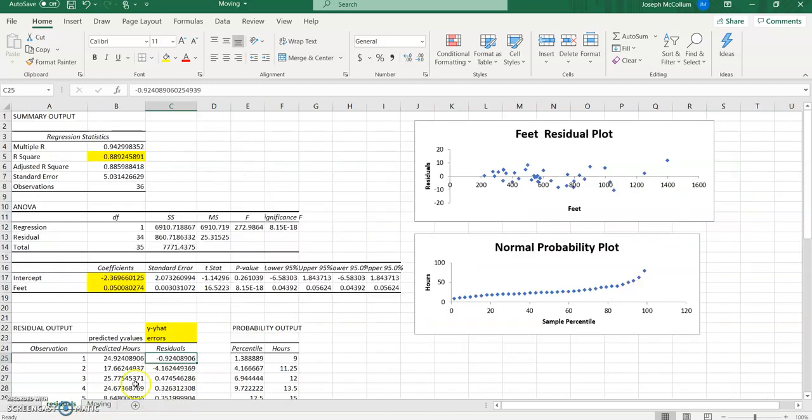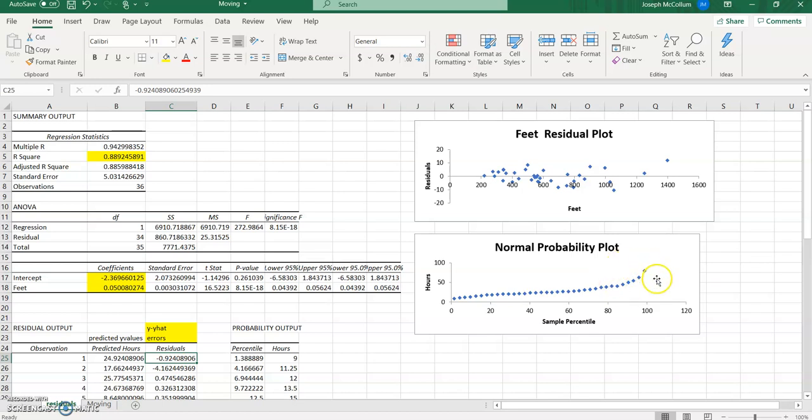Normal, well, that's where I have an issue. The normal, by the way, is done with the normal probability plot. What it does is it takes your y value, the hours, and plots them against where they should be in a normal distribution. It lines up the hours and places them. If you notice, overall, the data is very normally distributed, except for at this end. This bend here is not good.